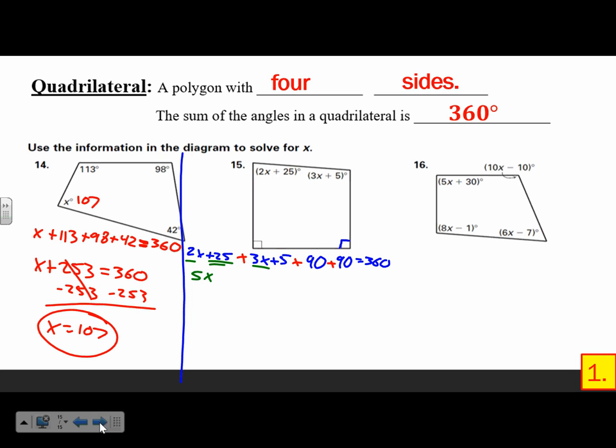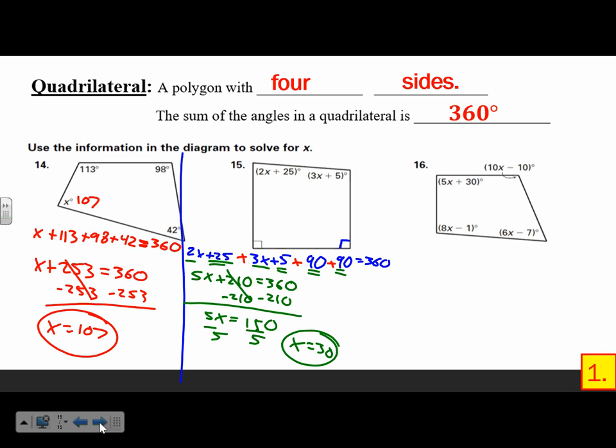Combine your other ones. We have 25, 5, 90, and 90 is 210. And subtract 210 from both sides. 5x is equal to 150. Divide that by 5. Your x is equal to 30.